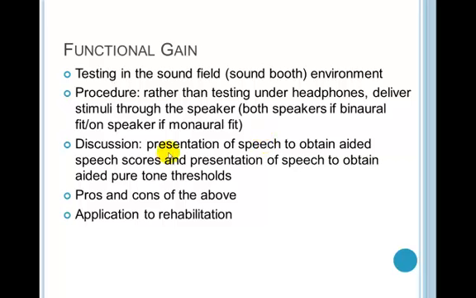Now, these we can compare, right? So we can sit down with our patient and say, here were your speech scores. At a louder presentation level, let's say 85 dB, which you said was most comfortable in both ears, you were only able to obtain 82% correct.